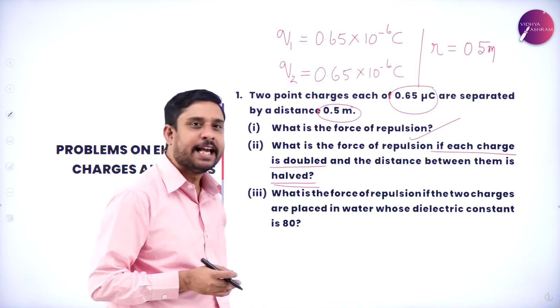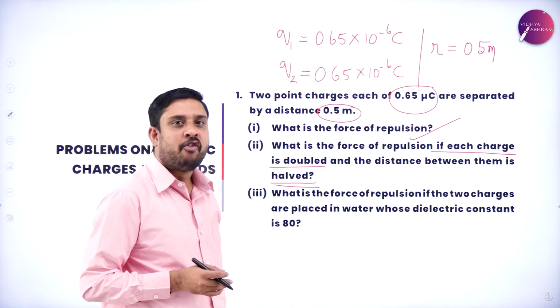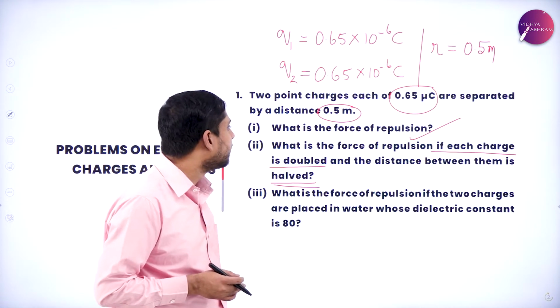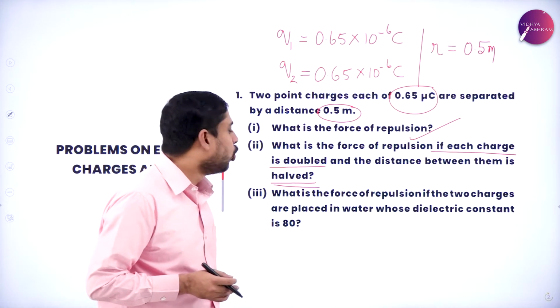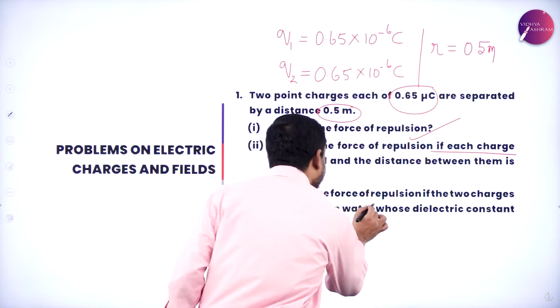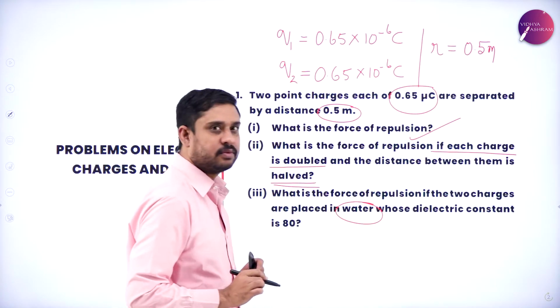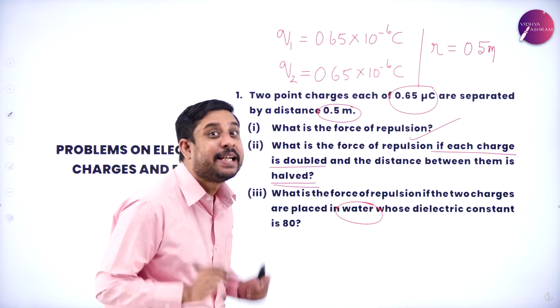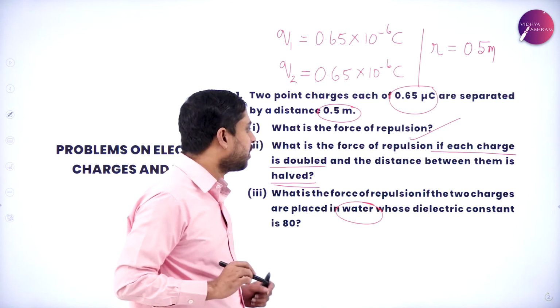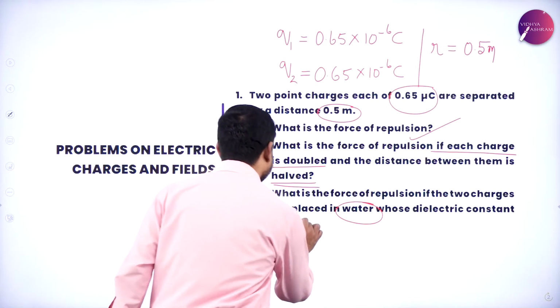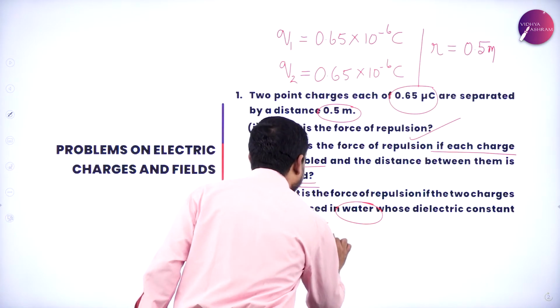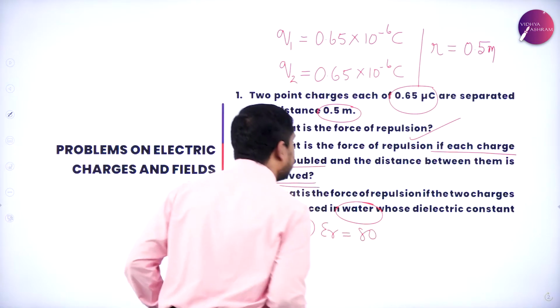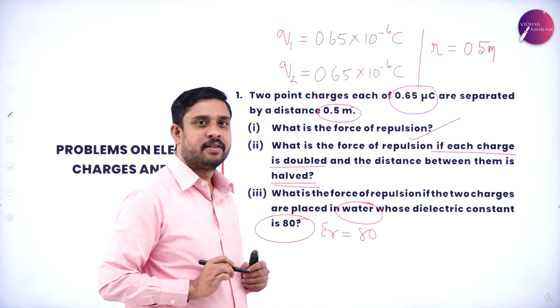And finally, force of repulsion if the two charges are placed in water. Now the two charges are placed in a material medium, water, whose dielectric constant epsilon r is given to be 80.